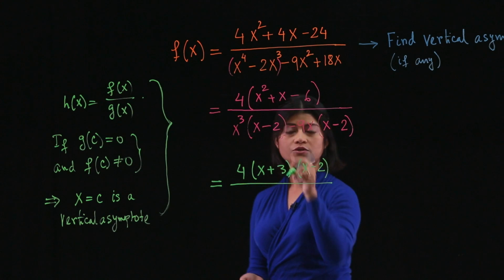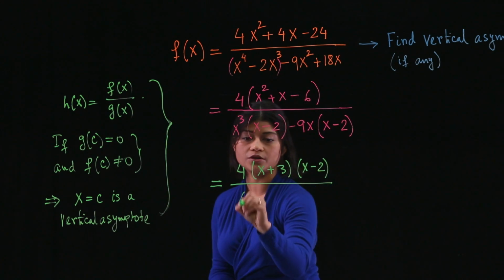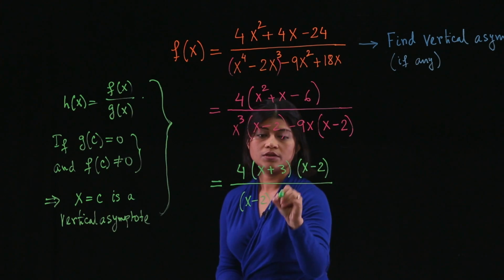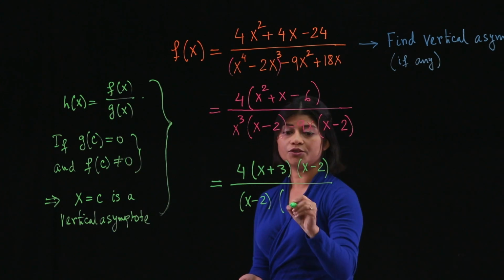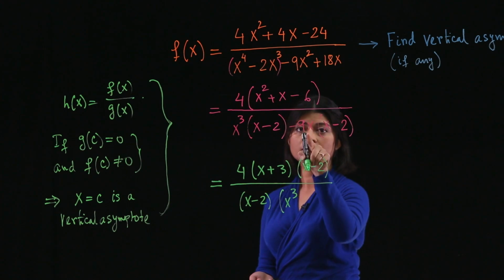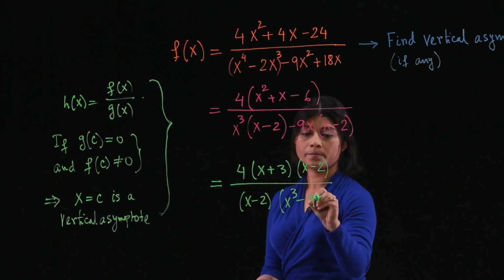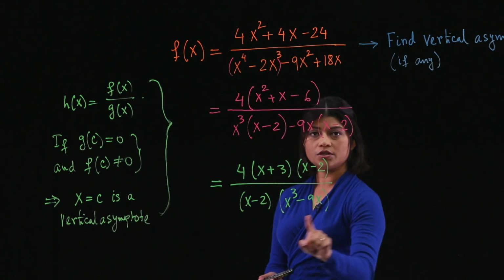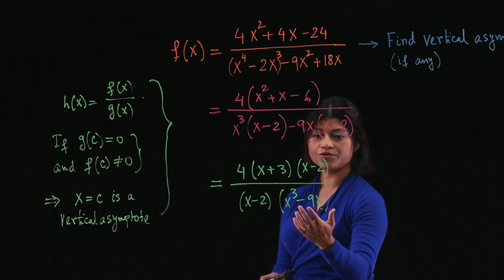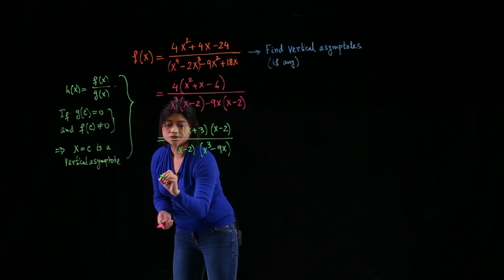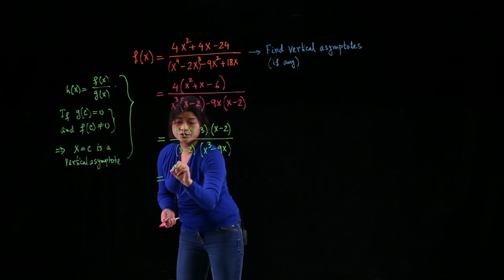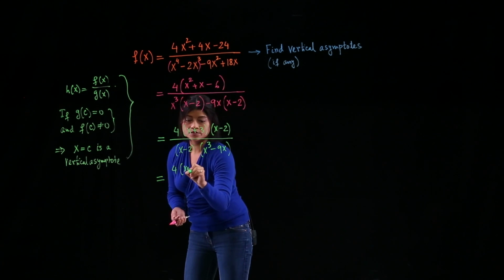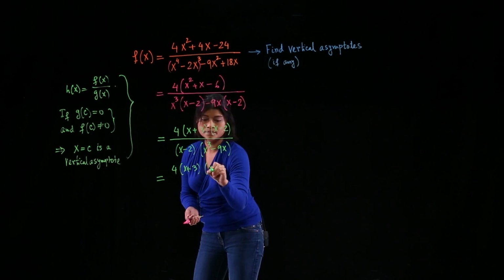Bottom, again, from the 2 terms, take out the common factor of x minus 2, and you will be left with x cubed, the first one, minus 9x. Okay, the denominator, we can factor it further. So let's continue. The numerator is completely factored, so keep it as it is.